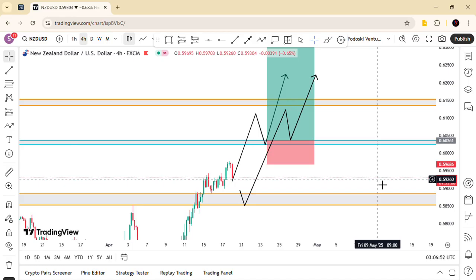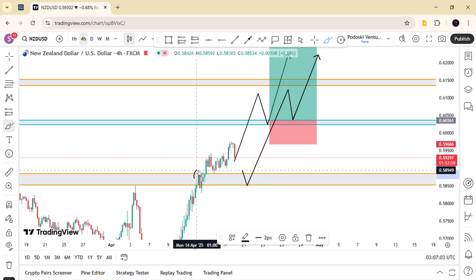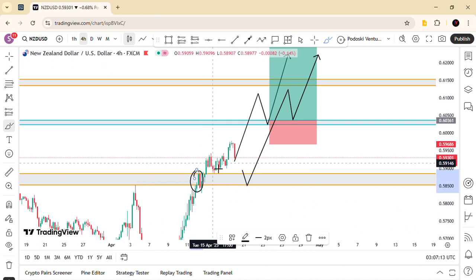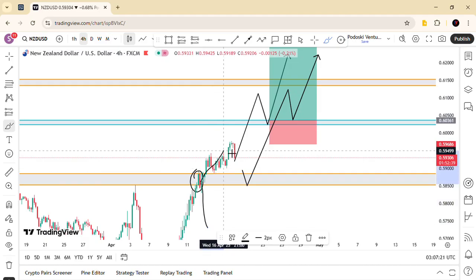So what I wanted to say first was, because of this weekly resistance and because of this bearish engulfing candle here, we actually took a sell on NZD/USD at this zone, but right now it's in a loss because price did fail to drop to the downside, but rather it's going to the upside.